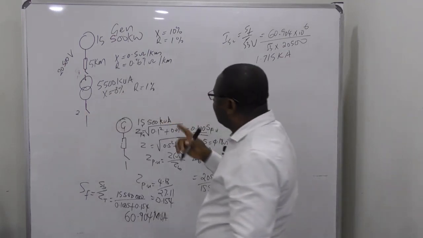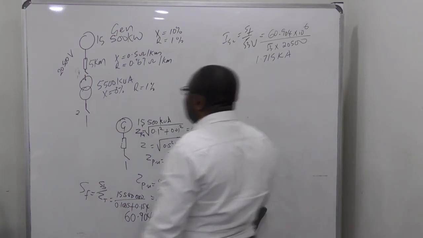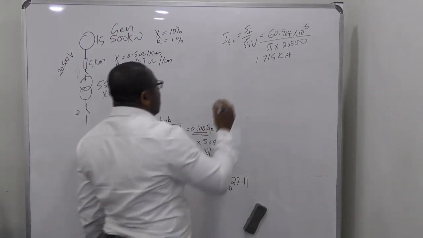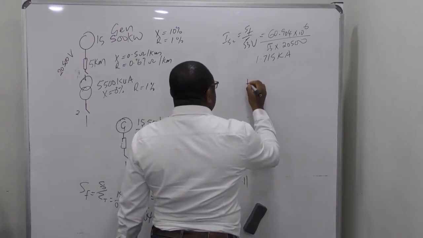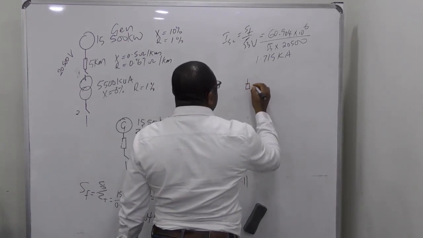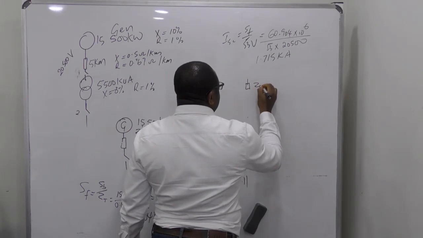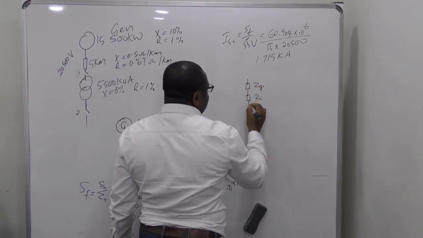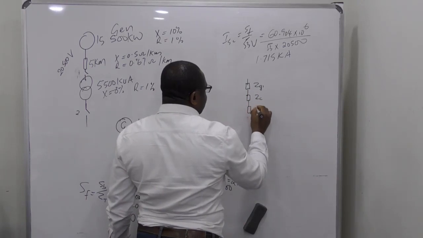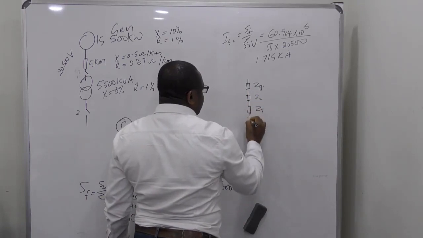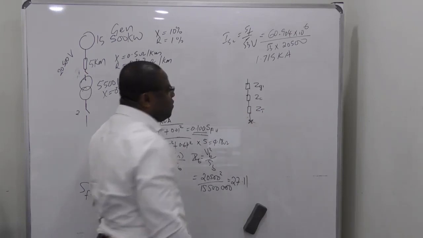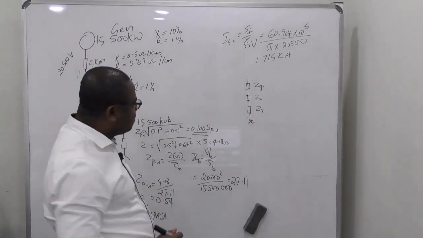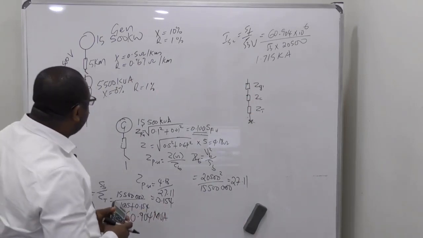Okay, so let's now look at this. If you want to get the fault capacity at this point, we're going to have the impedance of the generator, Z gen, the impedance of the cable, Z cable, and the impedance of the transformer, Z transformer. What will be the fault level here? We get Z total by adding these together.